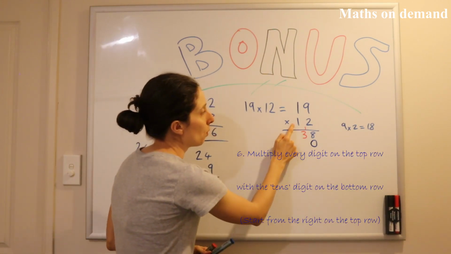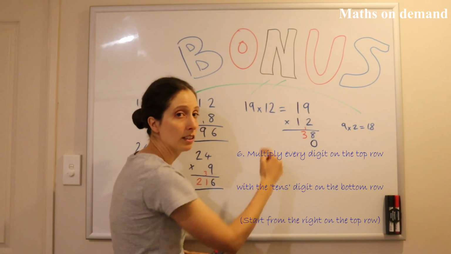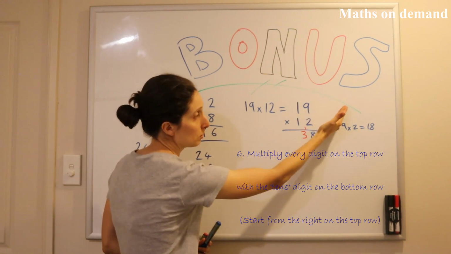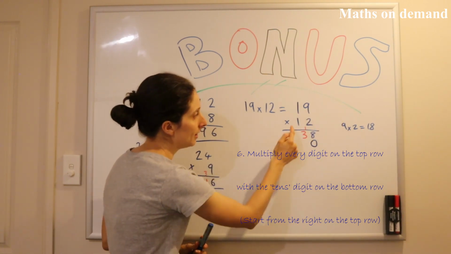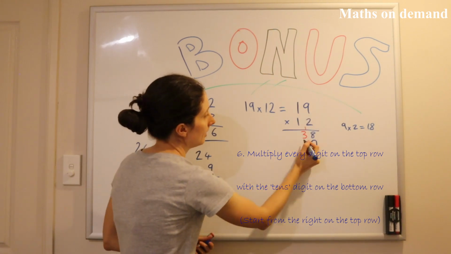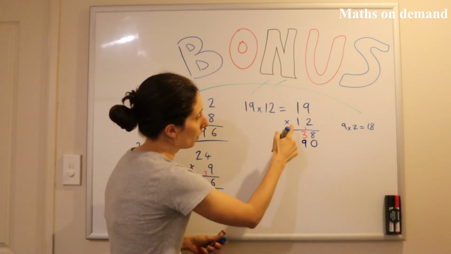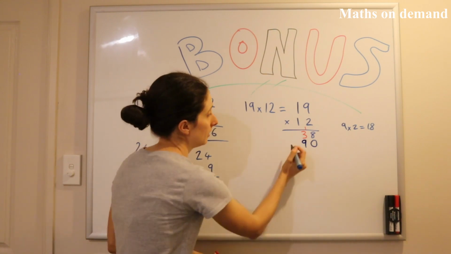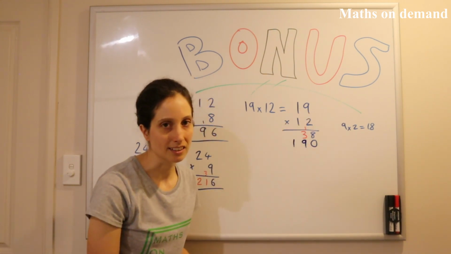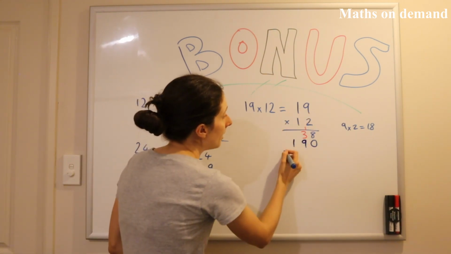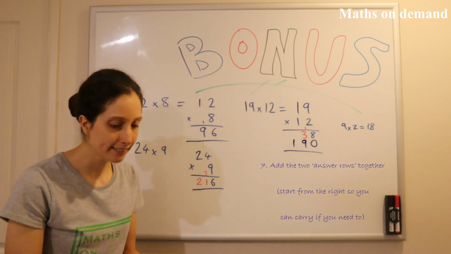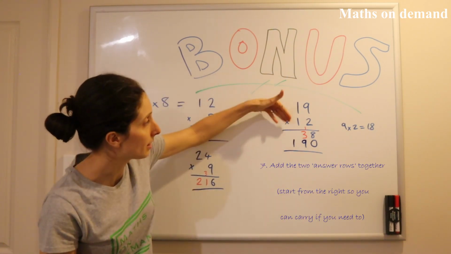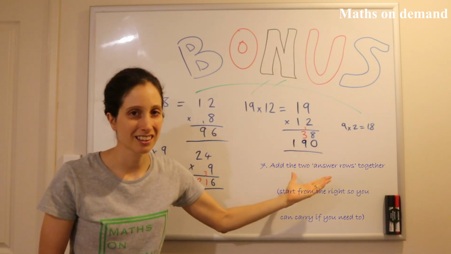Now we multiply 1 by everything in the top row, starting with the 9 on the right. 1 times 9 is 9. 1 times 1 is 1. There was nothing to carry here, so that was nice and easy. Now we need to add the 2 rows together because we've multiplied everything, but we haven't put it together yet.